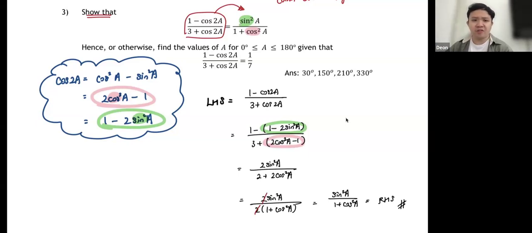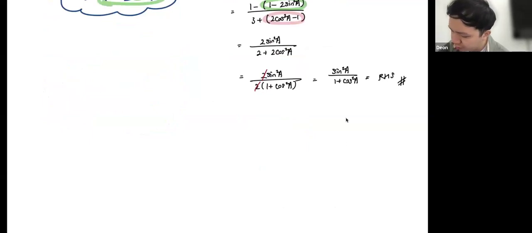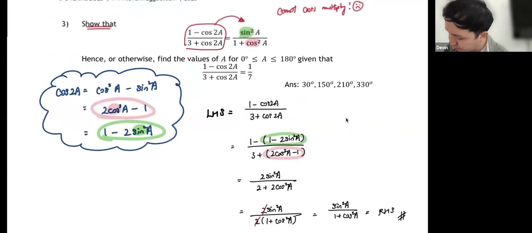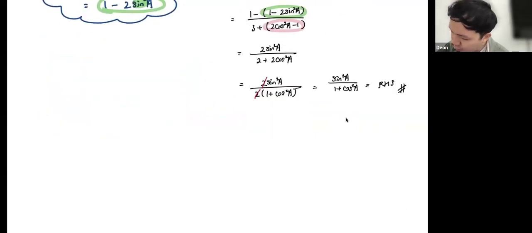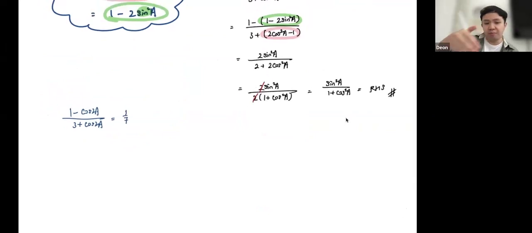Now, hence or otherwise find the values of A for which the expression equals 1/7. So let's expand. If I want 1 minus cosine 2a over 3 plus cosine 2a equals to 1/7, since we already have used that and proven that in the first part, we can use the formula to get something that is easier for us to solve.